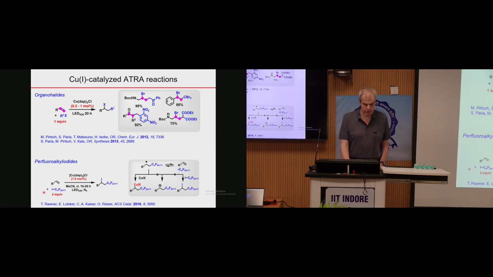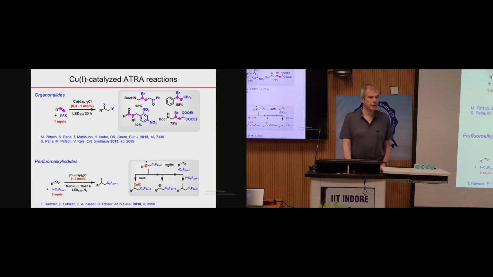The reason we believe this is happening, in this example with the perfluoroalkyl iodides, is that once you form the radical of the perfluoroalkyl iodide and it adds to the alkene, this is very electron deficient, right? That's perfluoro, it's very electron poor. So this makes a very electron-deficient radical. And probably in a photocatalysis cycle, you would need to oxidize it so that it can combine with the iodide and form the product.